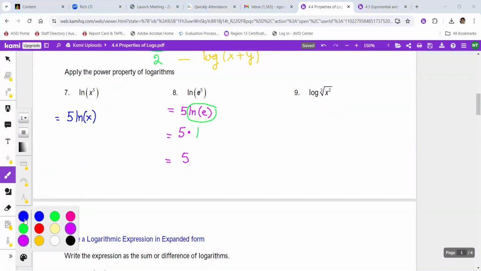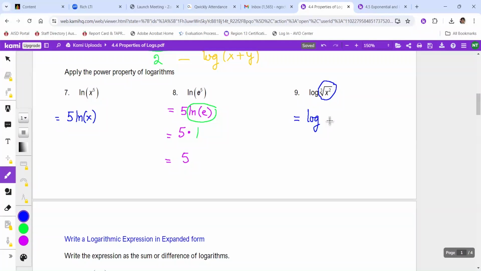Okay, lastly, let's look at exercise number 9. Here, the first thing we have to do is rewrite the radical expression as a rational exponent. So we want to end up with a fraction exponent. So this will be the same as we write log. Again, this is a common log.